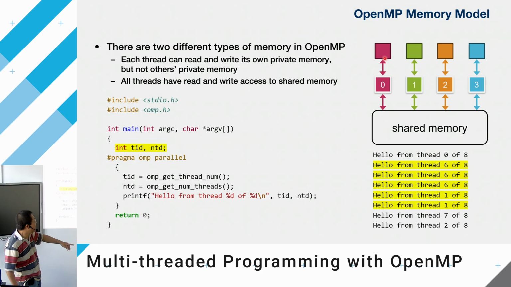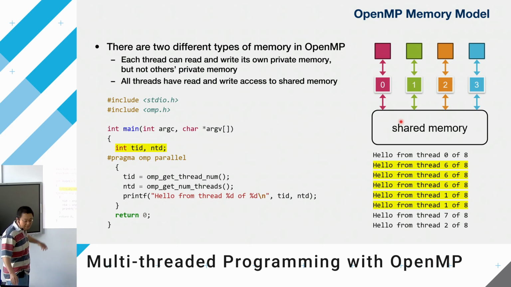The first type is the so-called private memory, private to the thread, only available to one thread; the other threads have no access to it. Another part is the so-called shared memory, which is available to everyone, like a shared resource. Those concepts are very important, because otherwise you may get unexpected results.